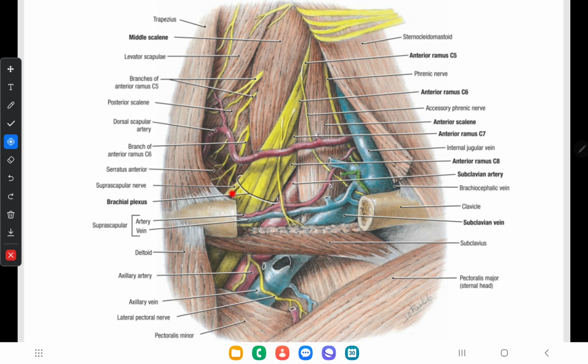Then here the dorsal scapular artery, and here the anterior ramus of C5 nerve root, and then the anterior ramus of C6 nerve root also there. So you can appreciate most deeper structures from this picture.